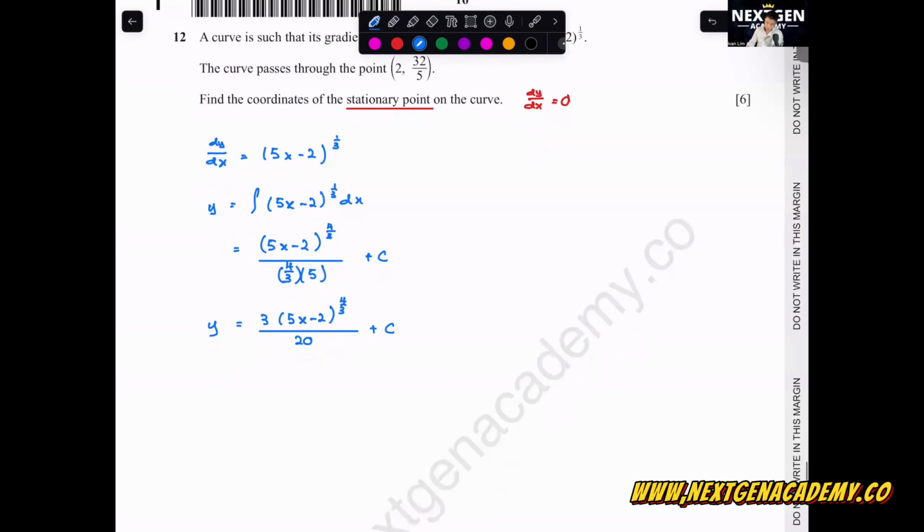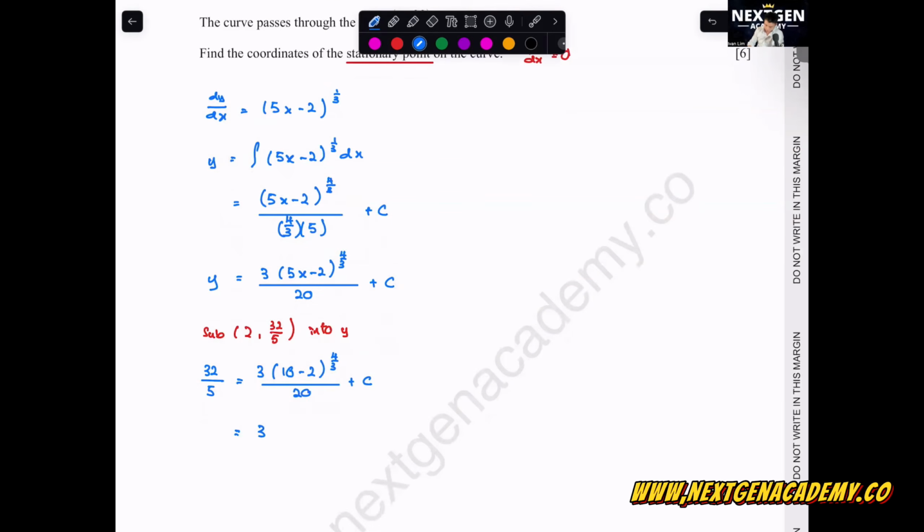Okay, we want to sub in (2, 32 over 5) into the y equation. So 32 over 5 equals 3 times (5 times 2, we straight away put in 10, minus 2) to the power of 4 over 3, over 20, plus c.